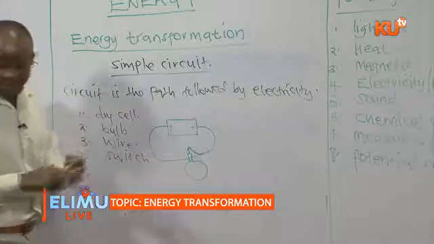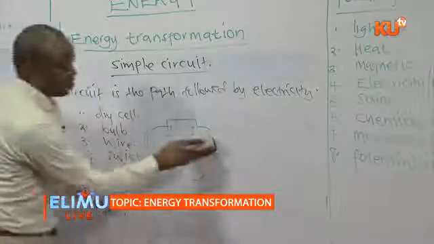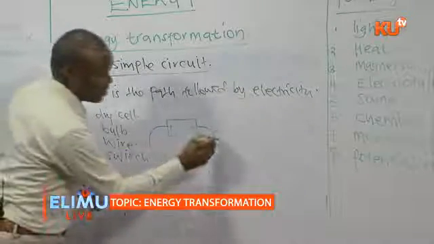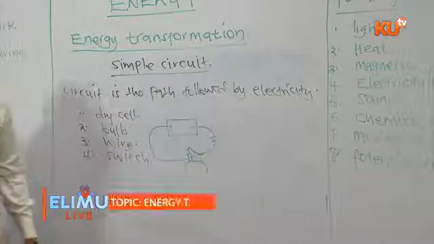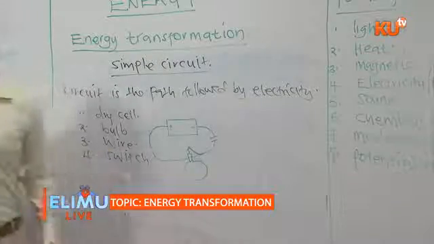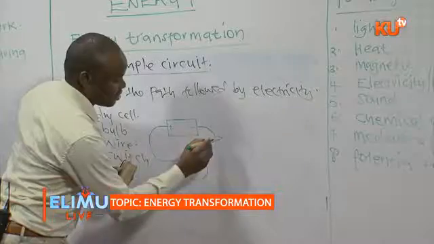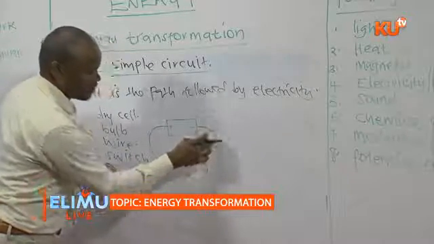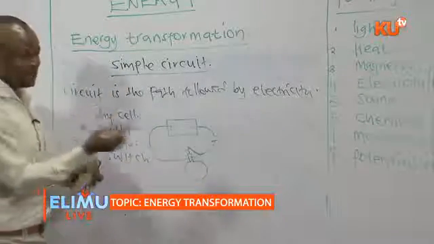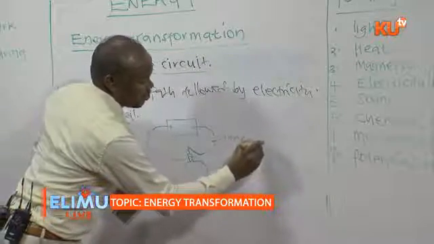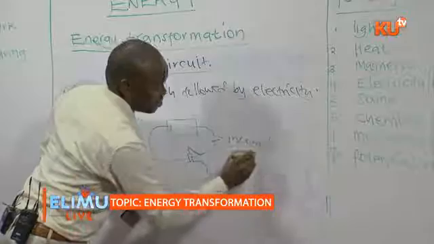But there is a place where we can have a switch. If you open this switch, you make the circuit incomplete. So this one is what you call an incomplete circuit.